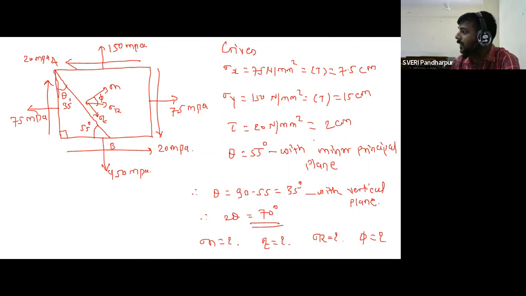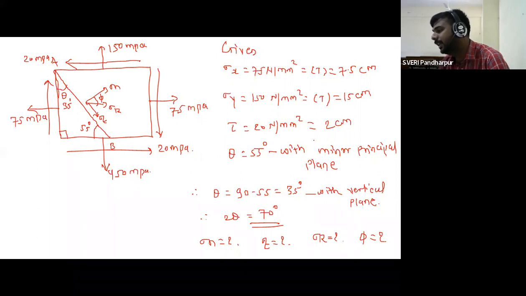Check the sign convention. Vice versa. If shear stress rotate in anti-clockwise direction to major principal plane, represent it in negative region and vice versa.